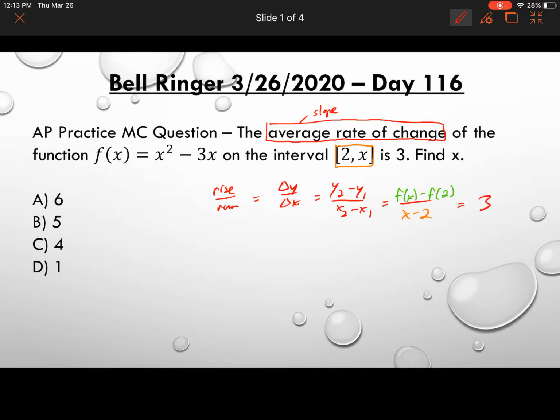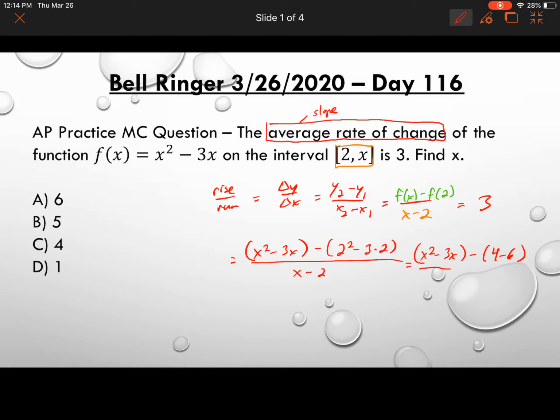Well, let's evaluate some of these. f of x is just x squared minus 3x. And then f of 2 is just going to be 2 squared minus 3 times 2. So what would happen if we plugged in 2 into our function? And then we have x minus 2. So this is just going to be x squared minus 3x, and then this is going to be 4 minus 6.